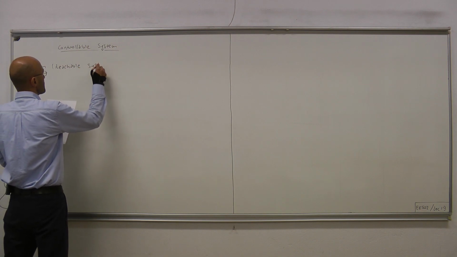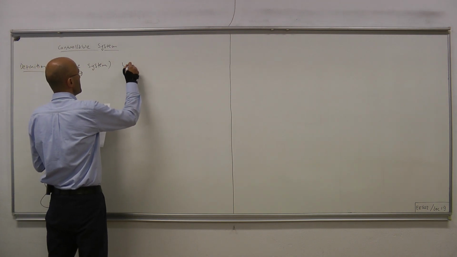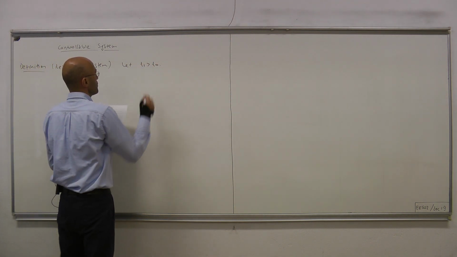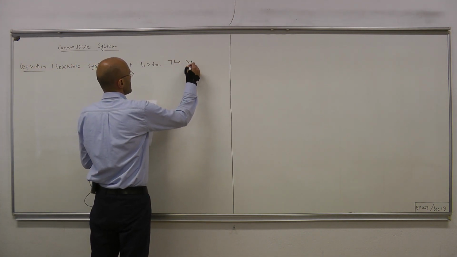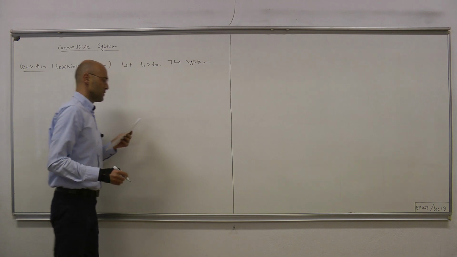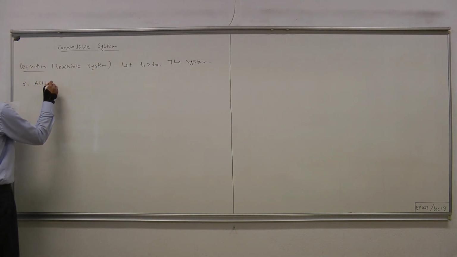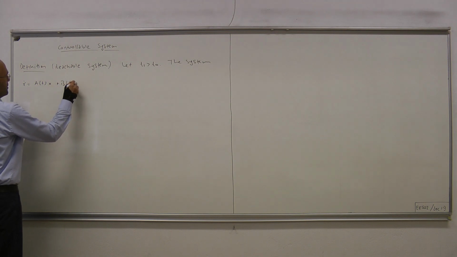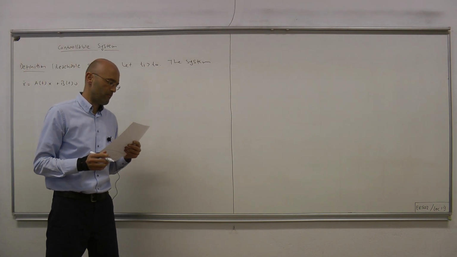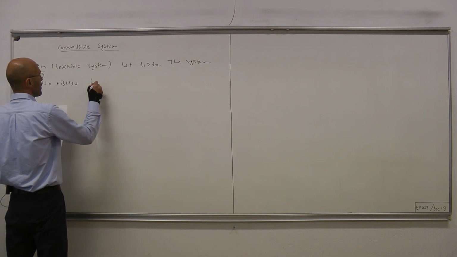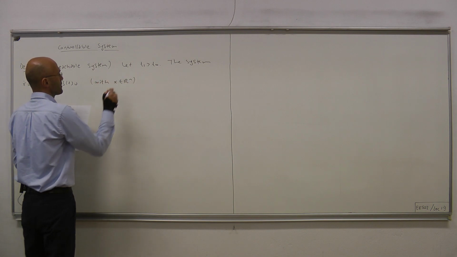So here is how we define a reachable system. Suppose we're given two time instances t1 and t0, then the system x dot equals A(t)x plus B(t)u, where the matrices A and B are allowed to be time varying, and the order of the system, suppose, is n.